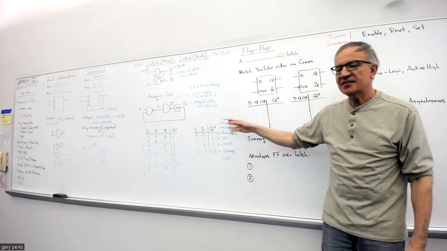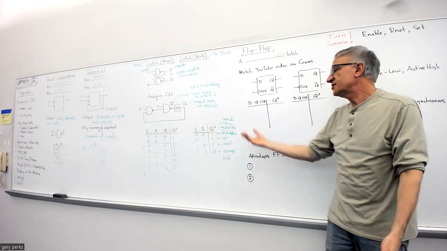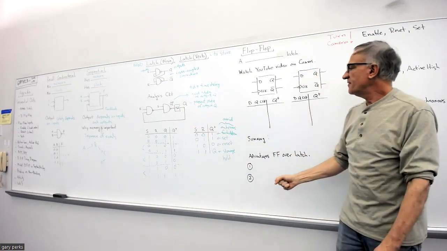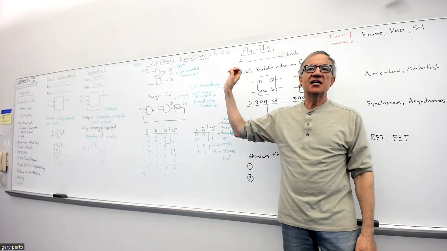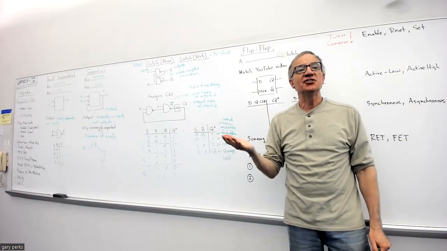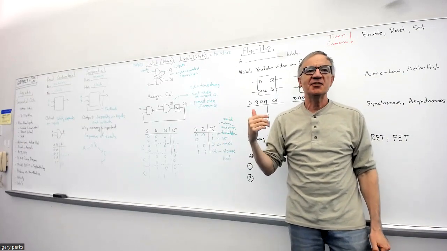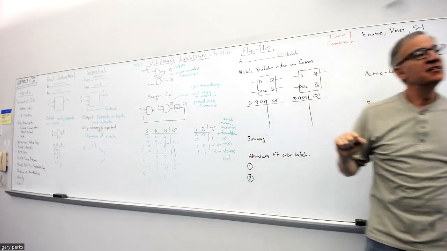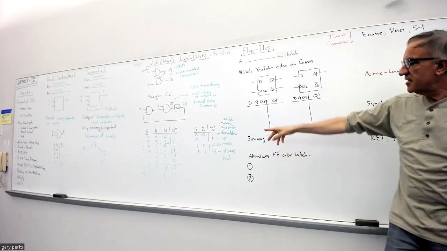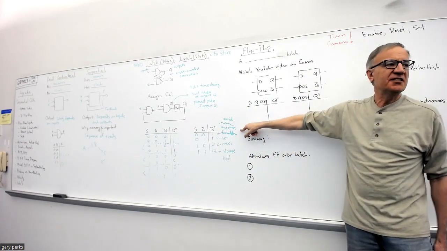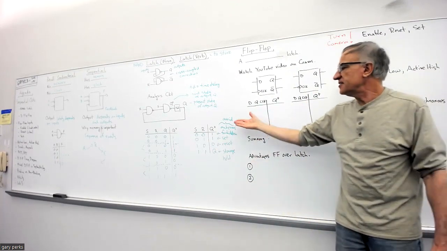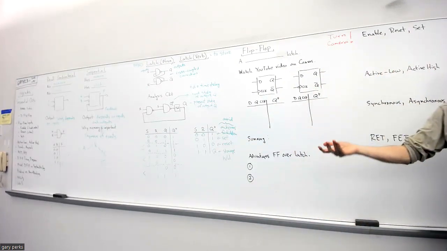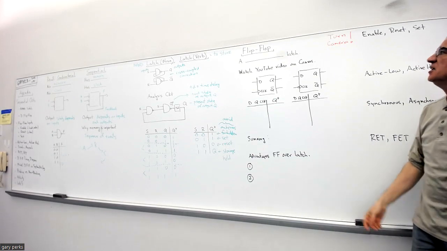One drawback is that it has this forbidden state, which is not that big of a deal because it's easily avoidable, since you just don't make the inputs equal to what gives you that state. But if you didn't have it, it'd be nicer, because you wouldn't have to think about it. Another drawback of a latch is that it's sensitive to noise. I'll talk more about what I mean by that coming up.